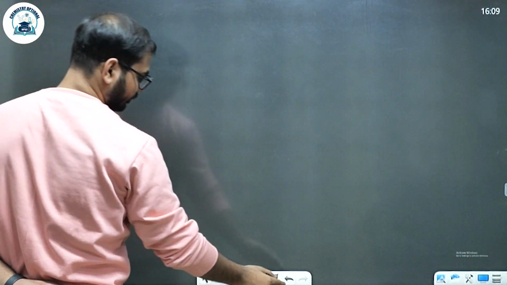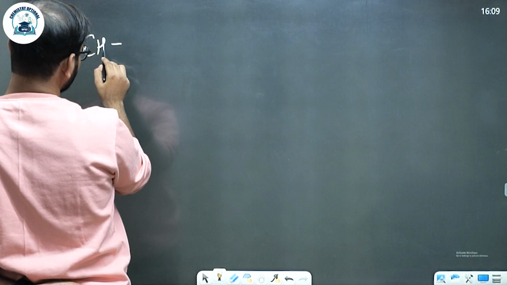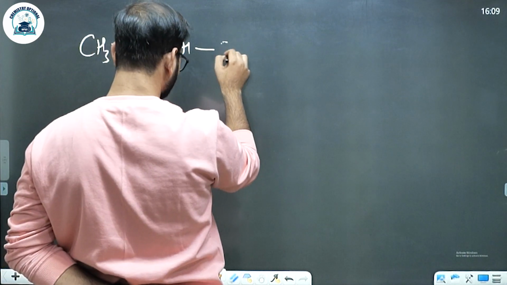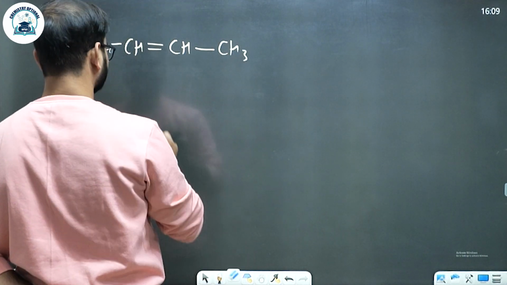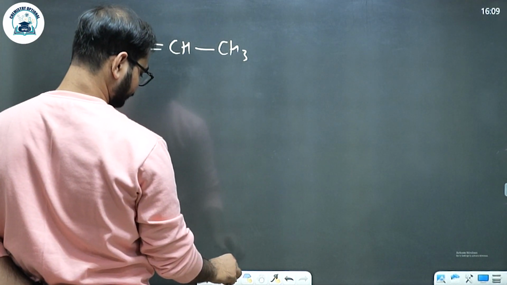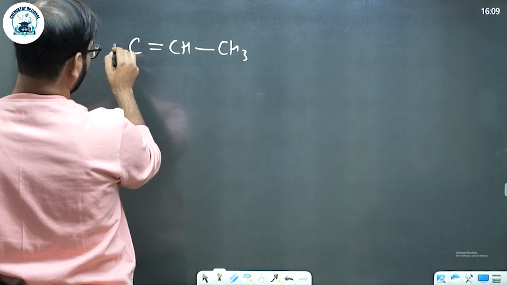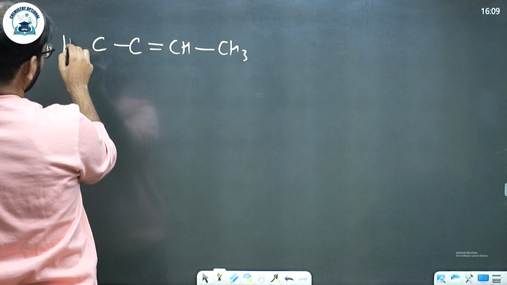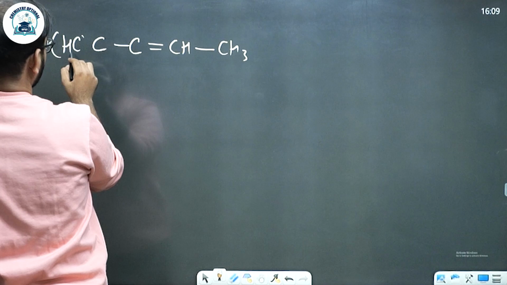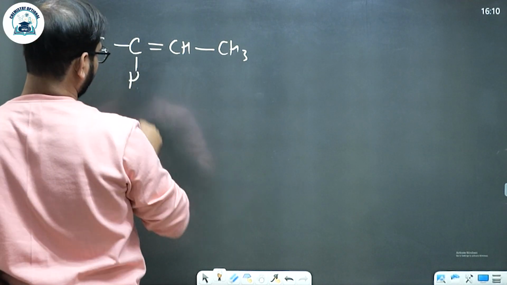if you have an alkene of this type, CH3, CH, double bond, CH, CH3, carbon, CH3 whole thrice, and this will be hydrogen right here.